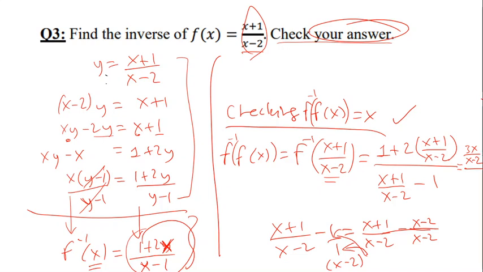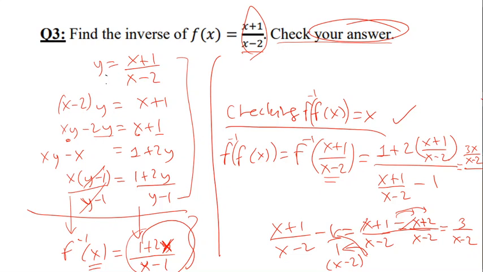You combine, you make this one first and then distribute the minus, and you will end up with, okay, be careful about this, it will be plus here, so the x and x will cancel out, you get 3 over x minus 2.